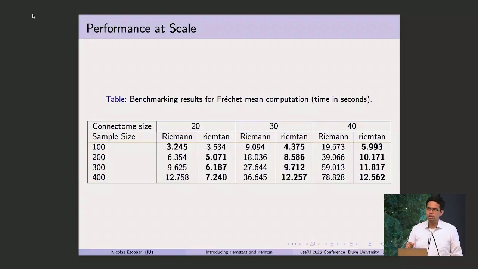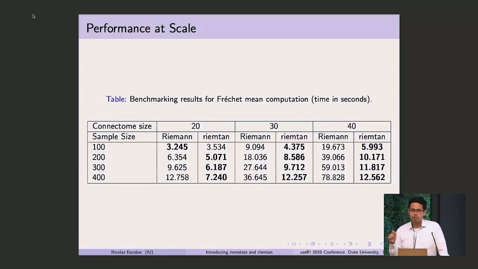What you really want from a mean is that it minimizes square distances, right? And this notion of minimizing square distances can be generalized for something that doesn't have a linear structure. But as I said, Fréchet means are defined as something that minimizes distances, which means it's an optimization procedure.